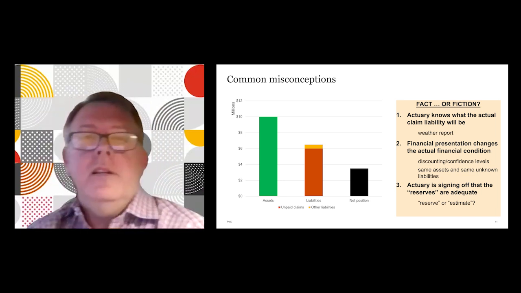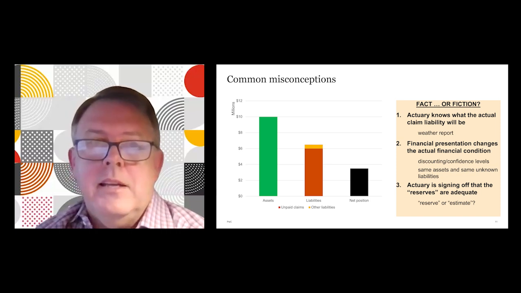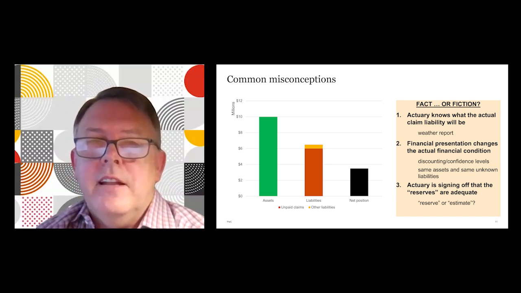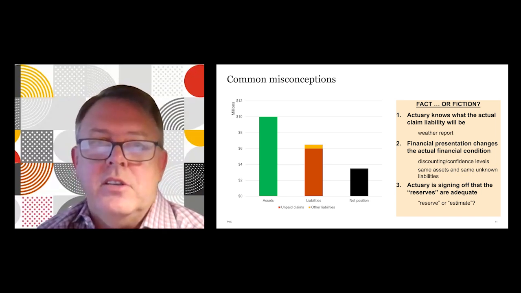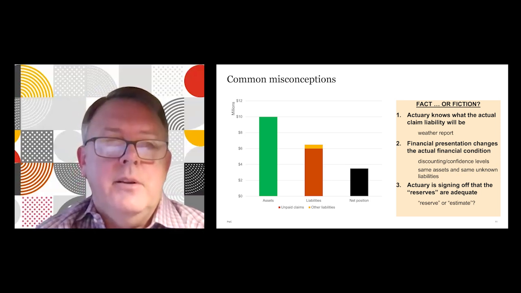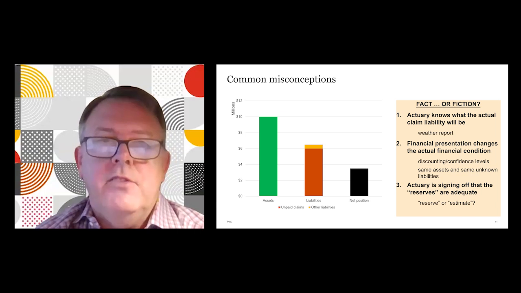Another misconception is, I think people get confused. There's the financial presentation, meaning how you account for things. Does the financial presentation change the actual financial condition of the pool? One concept here is that the actuary said these claims are going to be paid out in the future.